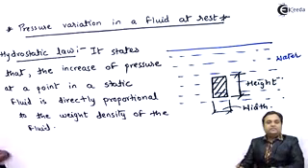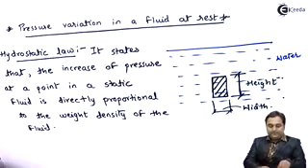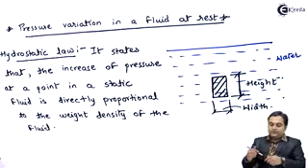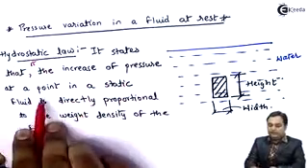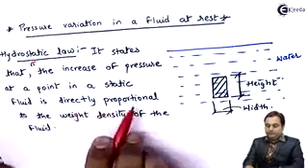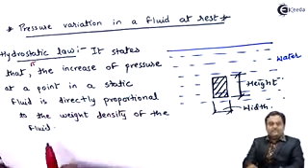So here I have written the statement of hydrostatic law, and the statement is: the increase of pressure at a point in a static fluid is directly proportional to the weight density of the fluid.